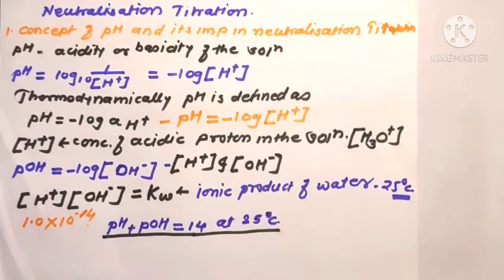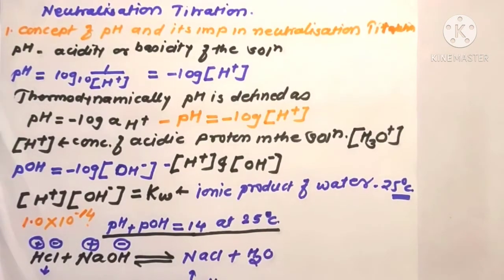It is constant at a given temperature, that is 25 degrees Celsius, and its value is close to 1.0 into 10 raised to minus 14. Therefore, pH plus pOH is equal to 14 at 25 degrees Celsius.